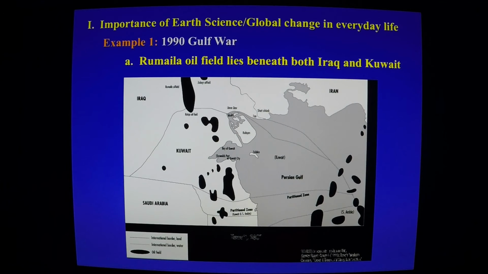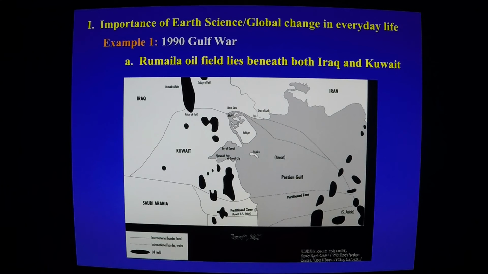Now, the Middle East has lots of oil fields, and they're very profitable because, one, they're not very deep, so you don't have to spend a lot of money drilling to get the oil out. And the oil is also what they call very high grade, which means that you don't have to spend a lot of money processing it to turn it into usable goods like gasoline and diesel fuel.